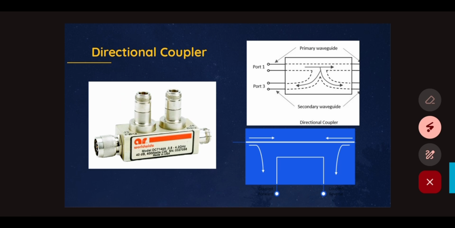Depending on the frequency, they can have different shapes and sizes as well. And since we are dealing with a 2.45 gigahertz resonating frequency, we can design using FR4 material.